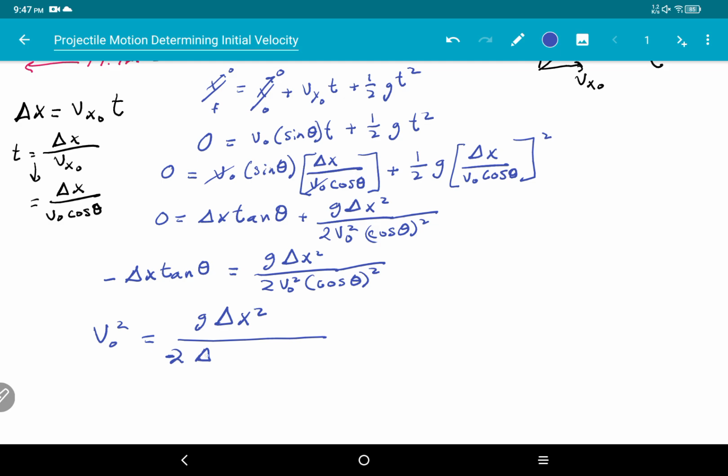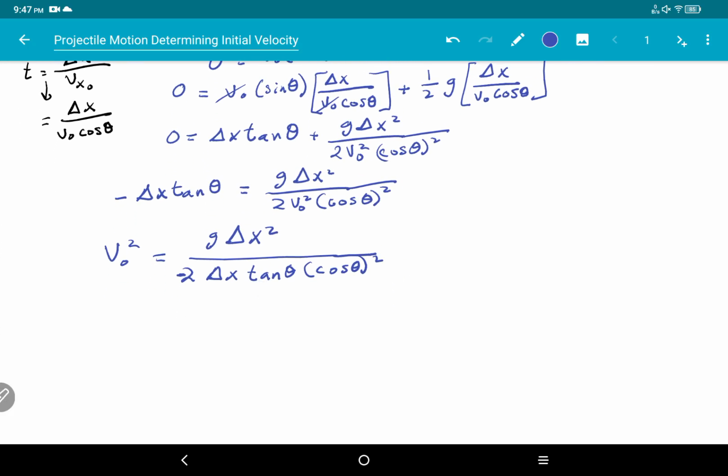And we're going to have delta x, tan theta times cosine theta squared. Let's leave it for now so that you can see this. Okay. I'm going to do some removals here. This is going to go away, and that's going to be 1. I'm going to change the tan theta and bring it back to cosine.